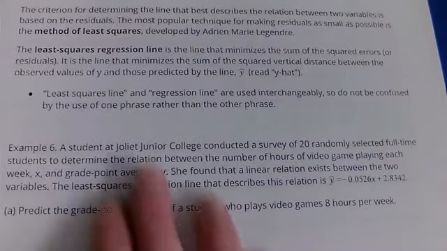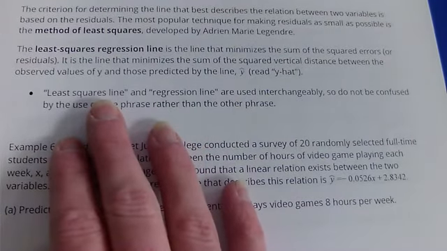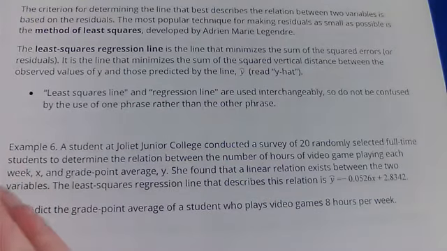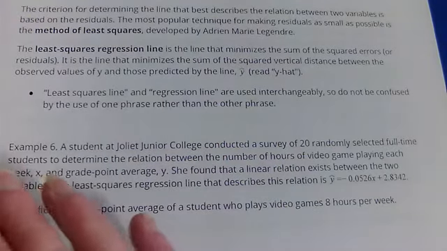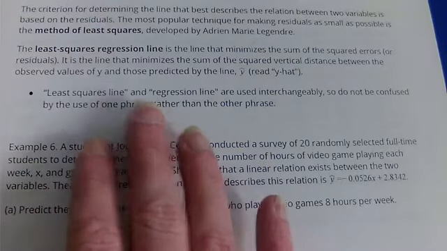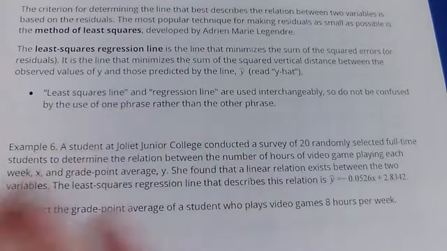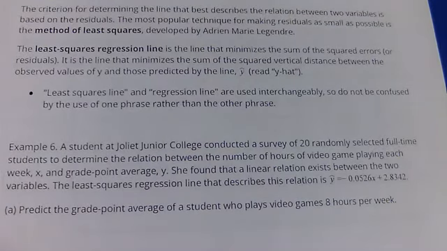And by the way, you'll hear least squares line and regression line interchangeably. So don't get confused. Least squares is the regression line, and least squares is how it used to be done by hand. They would find the least squares of the residuals.